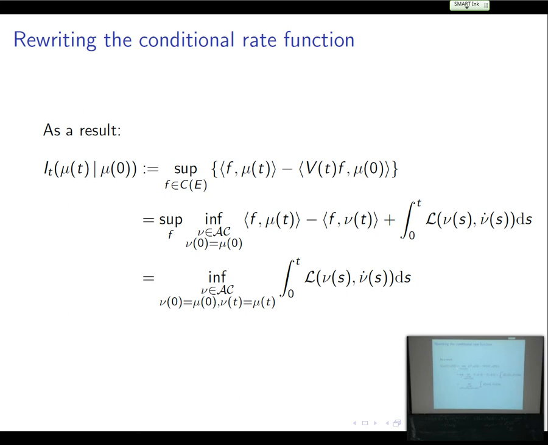Okay, so that's what we were after. We wanted to understand this two-time conditional large deviation rate function. And it's now expressed as the integral over the Lagrangian, and then an infimum over all trajectories.